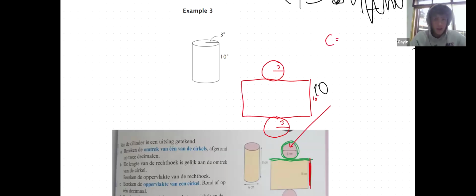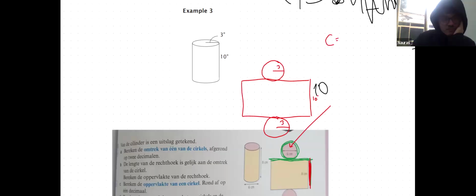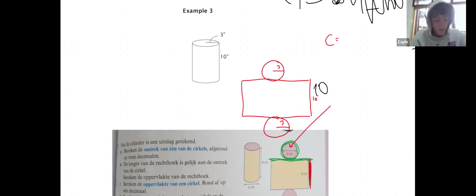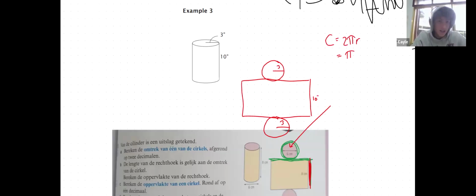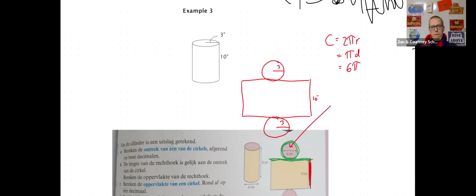For circumference, to simplify things, instead of doing 2 times pi times the radius, you can just do pi times the diameter. All right, so it would be 6 all the way across, 6 times pi. What is that, Maymona?